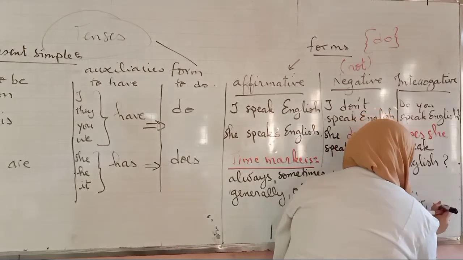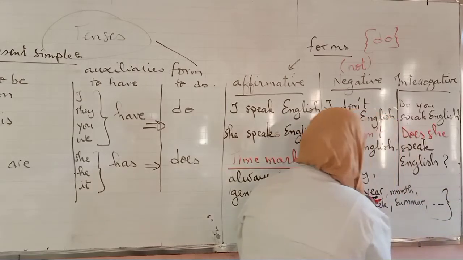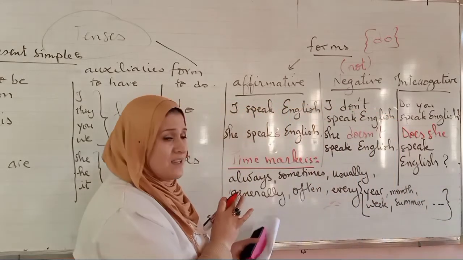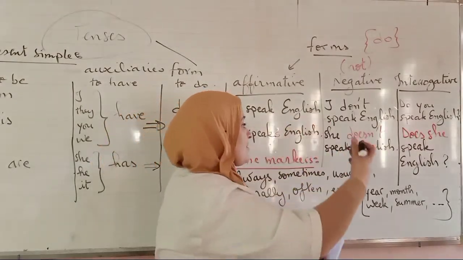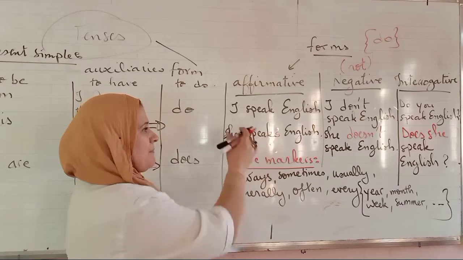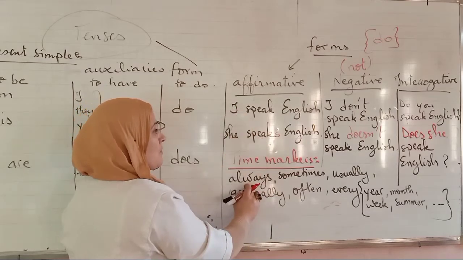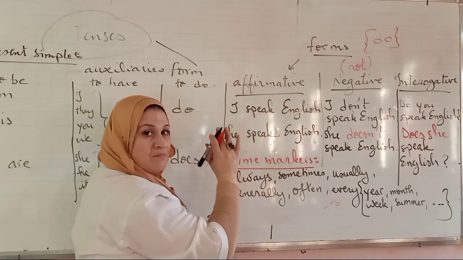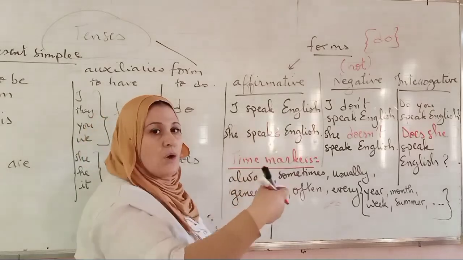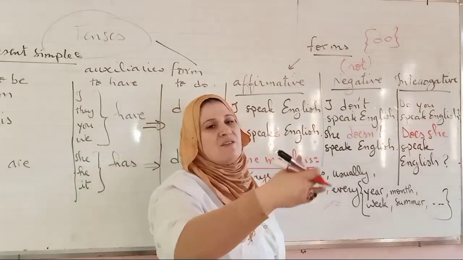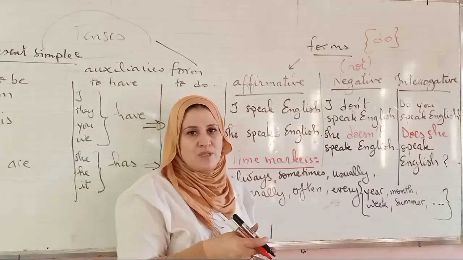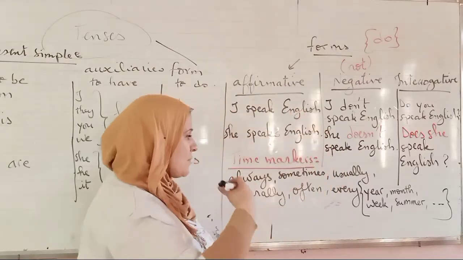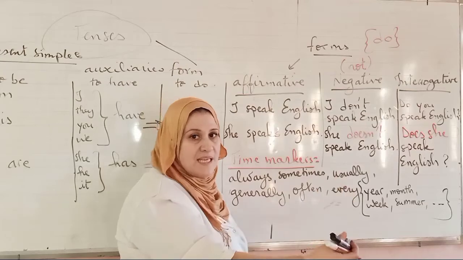We use every, okay? These time markers, some are used after the subject. So I say, for example, I always speak English. Or, I always get up at 7 o'clock. I sometimes practice sport.